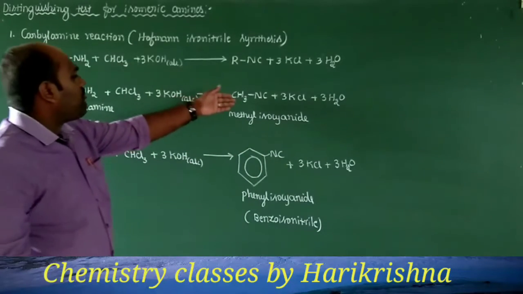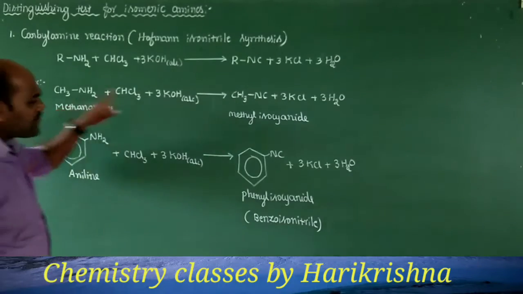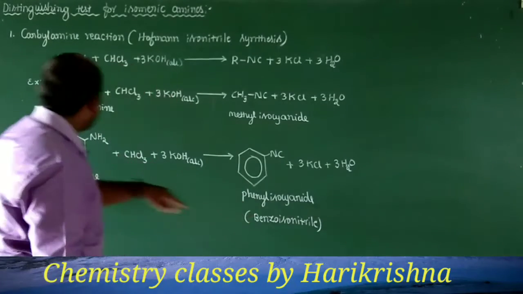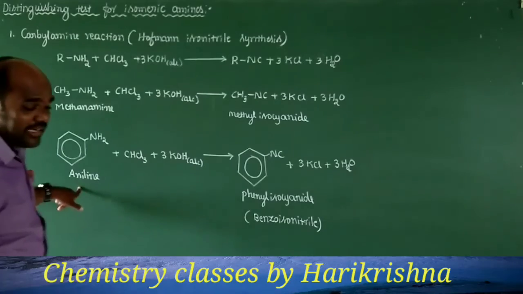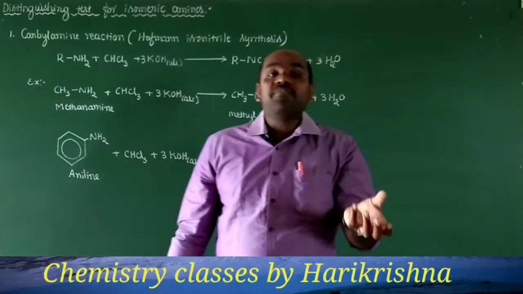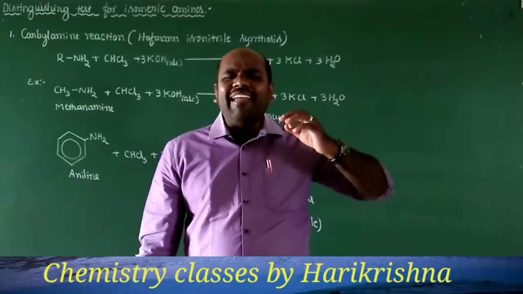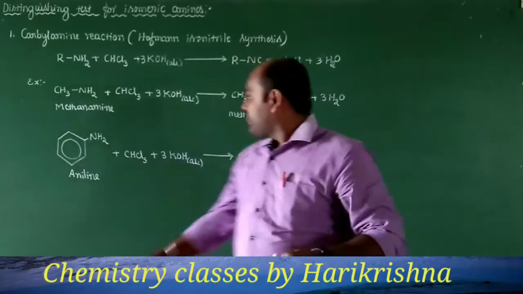So the formation of methyl isocyanide when we have considered methanamine, or phenyl isocyanide upon reacting chloroform and potassium hydroxide with aniline, will be observed by the development of an intolerable odor or a foul smell.